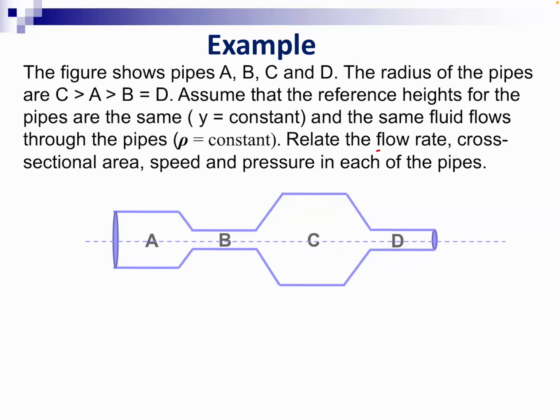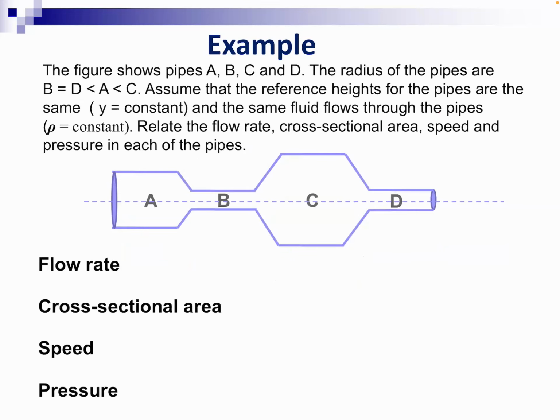How do we relate the flow rate, the cross-sectional area, speed, and pressure in each of the pipes? Flow rate is the same regardless of cross-sectional area. It's the same amount of fluid passing through each cross-sectional area. You can see from here which one has the smallest cross-sectional area and the biggest.